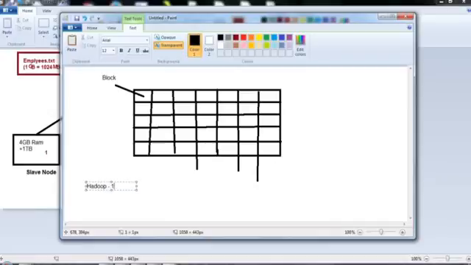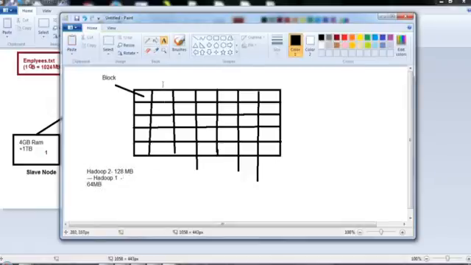In Hadoop 2, each block size is 128 MB, whereas in Hadoop 1 it was 64 MB. I hope it's clear, this is our block. So it's better to talk about Hadoop 2 only, right? So let's understand our requirement.